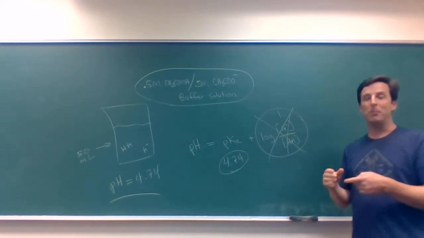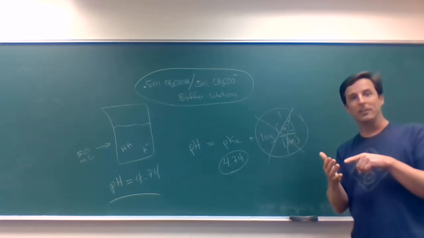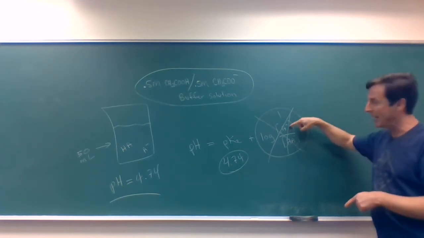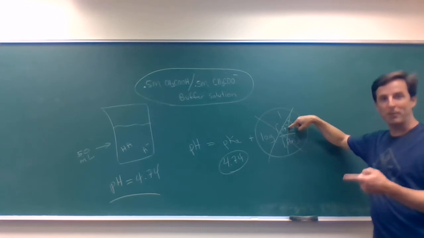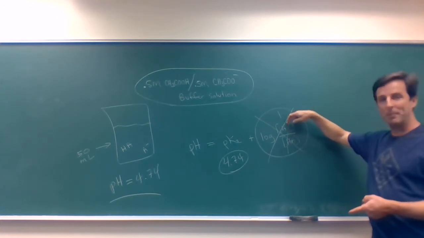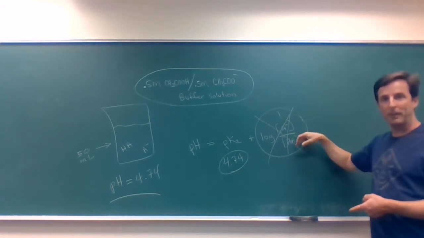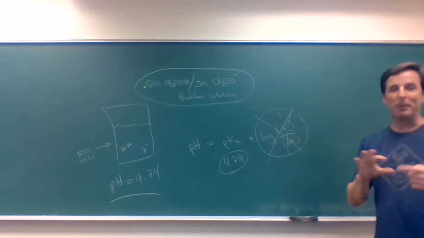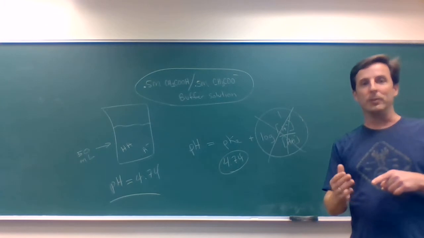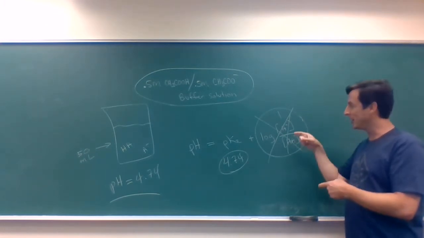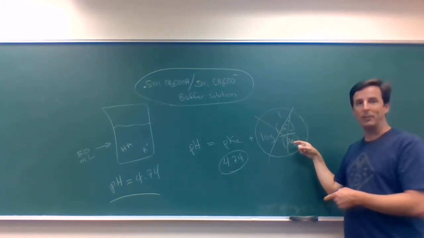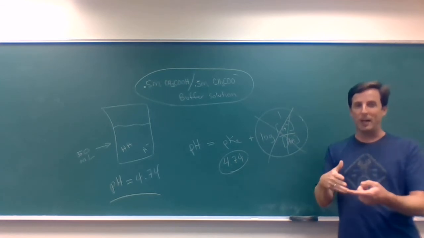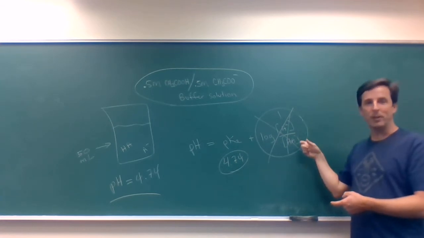If I want to make the pH of the buffer a little higher, then I'm going to increase the A-, which is the basic part of the buffer. I'm going to increase the A- to be larger than HA. Typically the rule of thumb that we use is the greatest ratio of A- to HA where the buffer will actually do its job is about a 10-to-1 ratio.